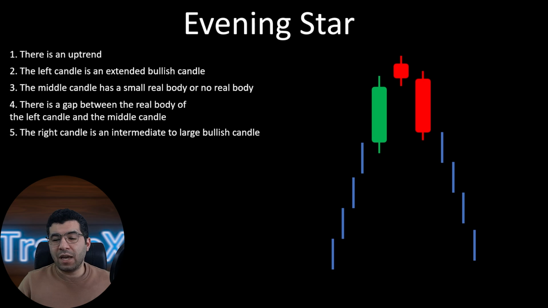Here I have to say that there are three conditions where there is no gap between the left candle and the middle candle. Those three conditions are: first, in the Forex market where there are no or minor gaps; second, some 24/7 symbols; and third, in intraday charts like minute time frames that are continuous.